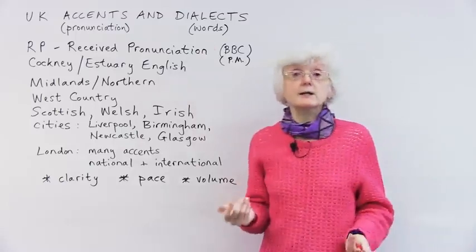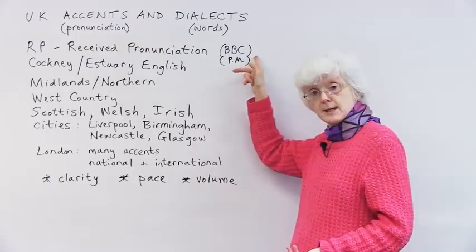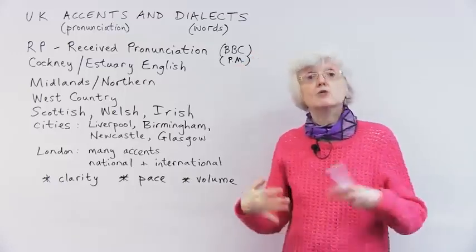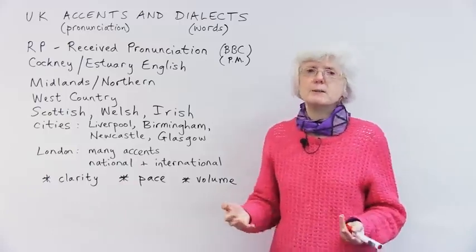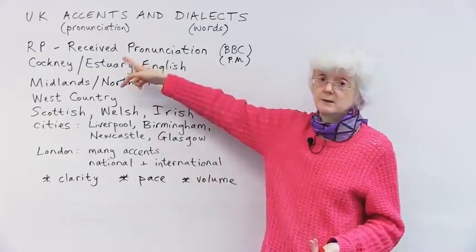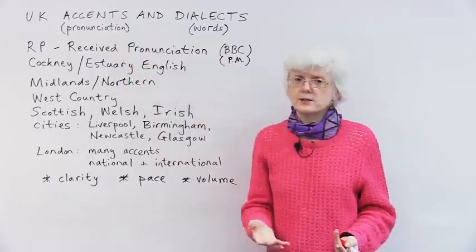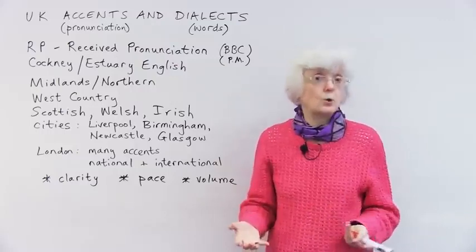And it's the kind of accent you will hear if you're watching BBC television programmes or listening to BBC radio. Not everybody on the BBC speaks with an RP accent. The newsreaders tend to be RP speakers, but not always.